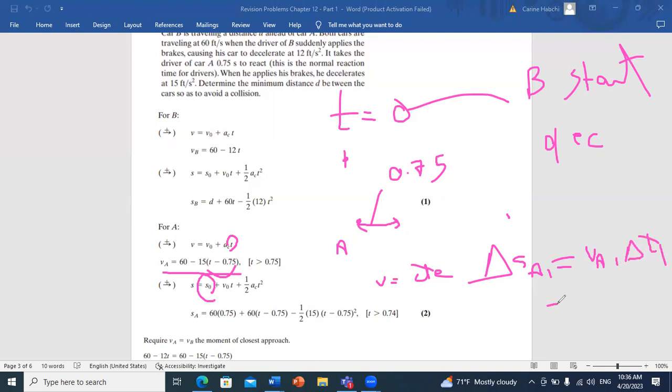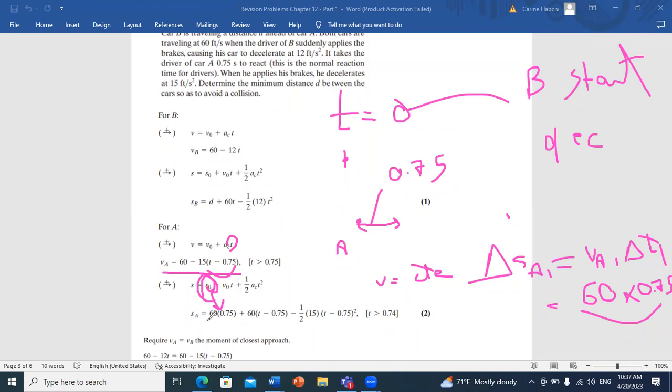So it's equal to 60 times 0.75. So when phase 1 finished, A had already moved a distance 60 times 0.75. At the beginning of phase 2, A was already a certain distance from the origin, a distance of 60 times 0.75.